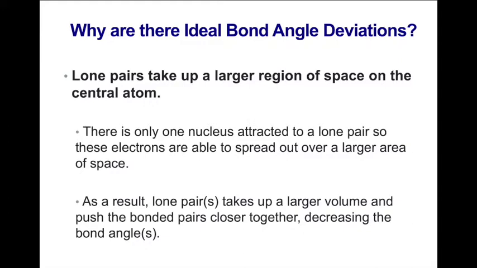Again, they're not being pulled along the length of that bond, but rather they're associated only with that one central atom. So as a result, that larger volume then causes them to repel other electron pairs that are around them more.